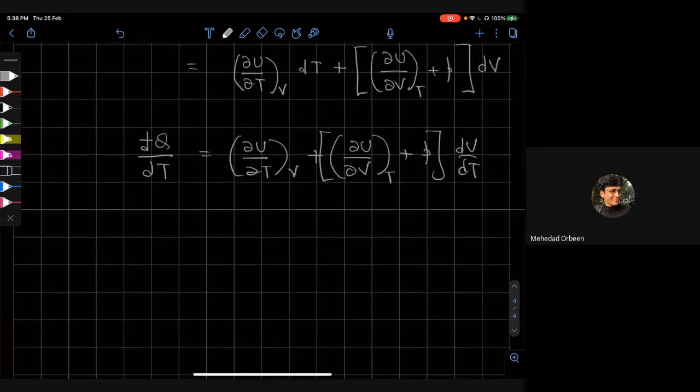Now we can define two types of heat capacity. Heat capacity number one is the heat capacity when the volume is constant. That is, you change the temperature by a certain amount, but keeping the volume constant. How does that affect the absorption of heat?